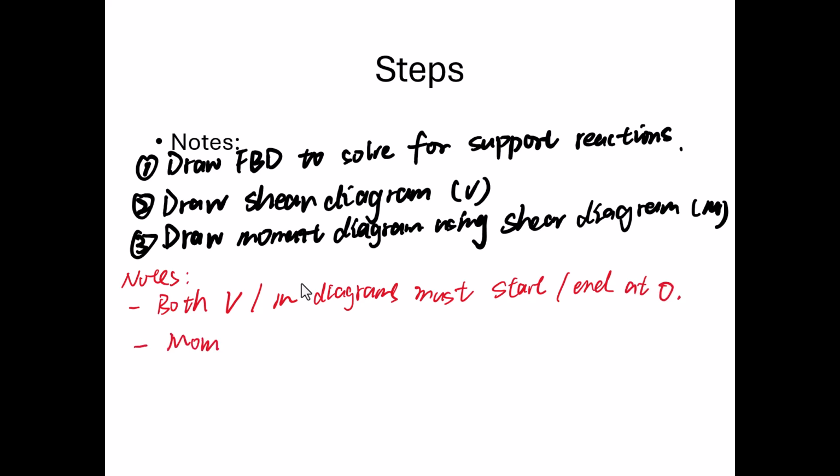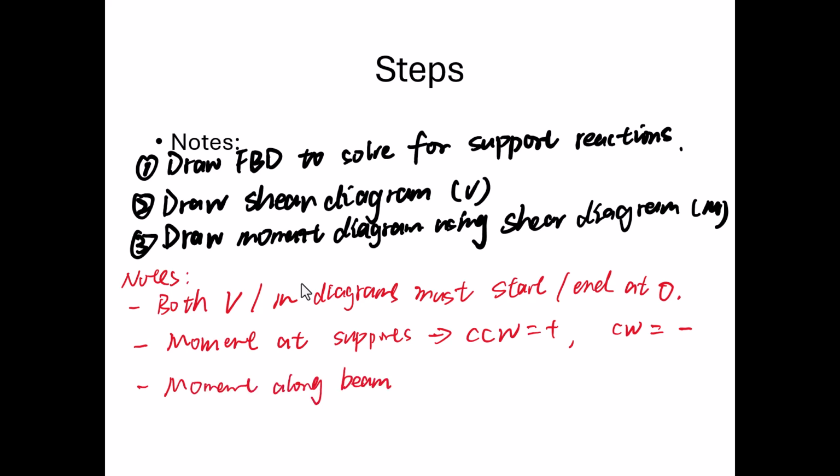For the moment at a support, counterclockwise is positive, clockwise is negative. And for a moment along the beam, if you find a counterclockwise moment, your moment diagram moves downward. If you find a clockwise moment, it moves upward. I will show you later.